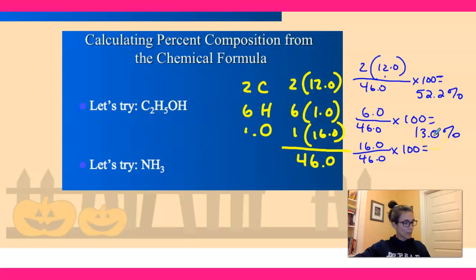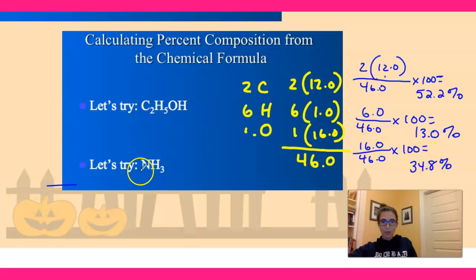And then I have 16 divided by 46, this is my percent oxygen, times 100, and I get 34.8%. Now I want to add all of those percents up, my 52.2 plus 13 plus 34.8, because I want to make sure they add up to 100. And they do. So this is my percent composition of C2H5OH. It is 52.2% carbon, 13% hydrogen, and 34.8% oxygen.